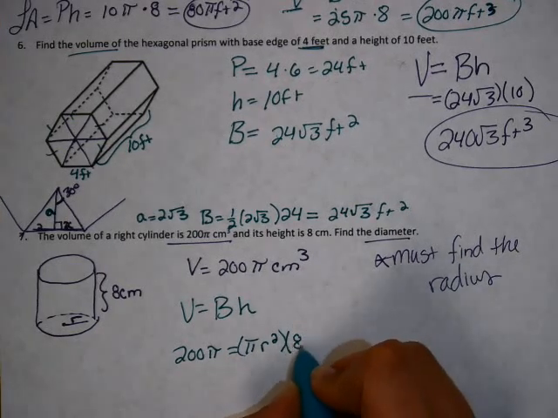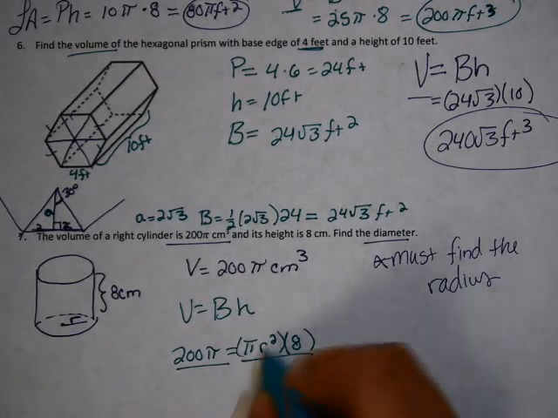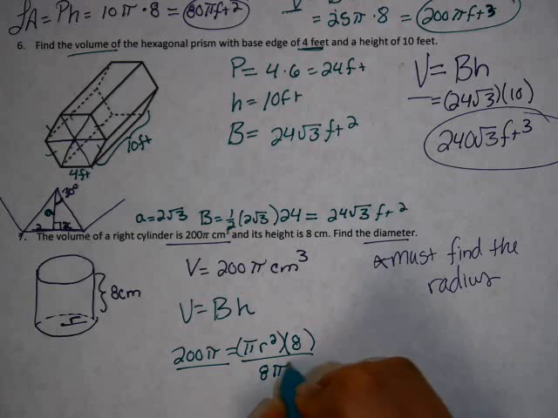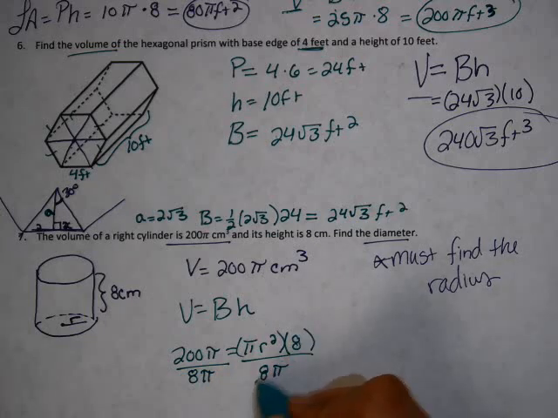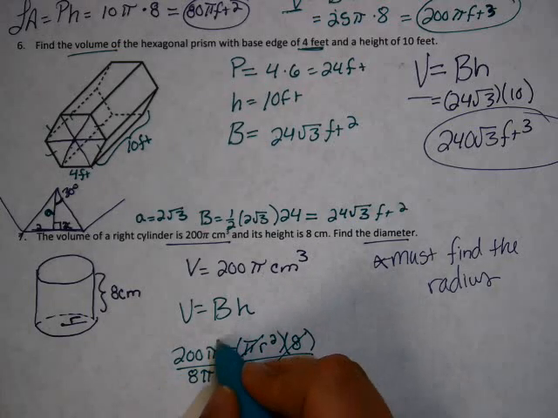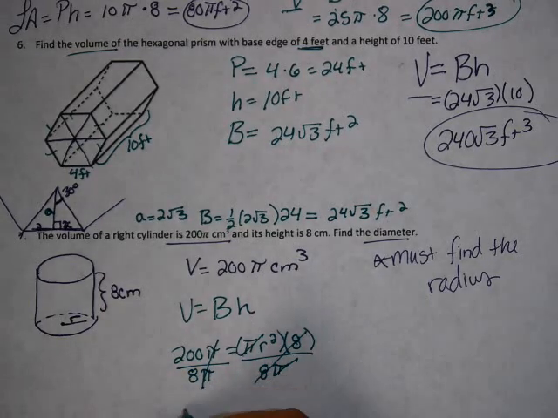Okay? And because this is multiplication, if you remember from algebra, we can divide more than one term when it's all multiplication. So I'm going to divide by 8 pi on both sides. The pi's will cancel out to 1, and I have 25 is equal to r squared.